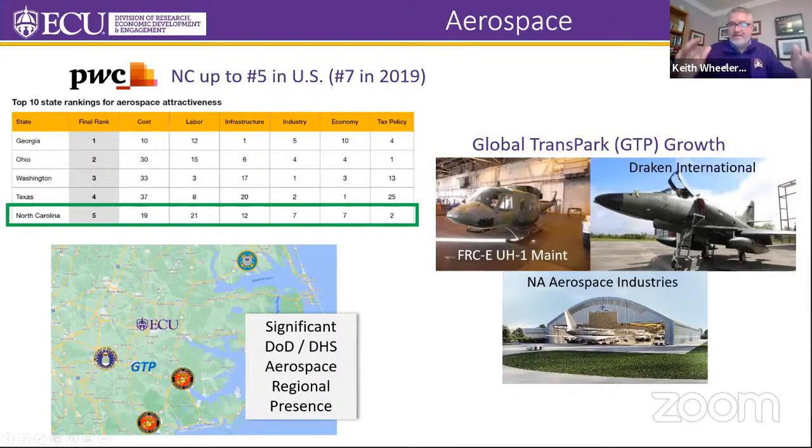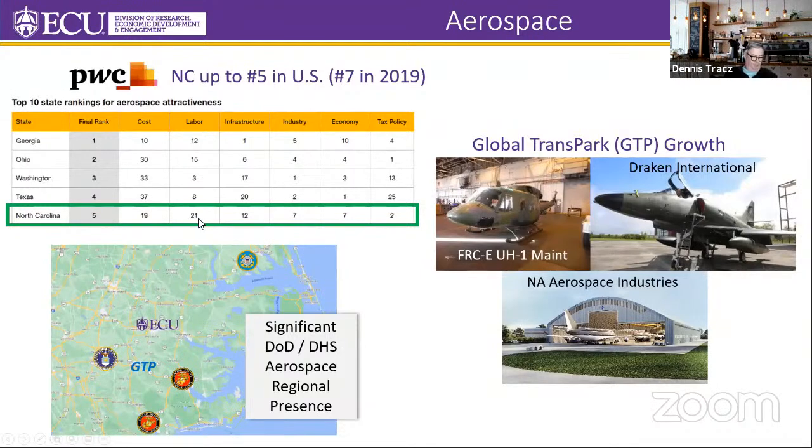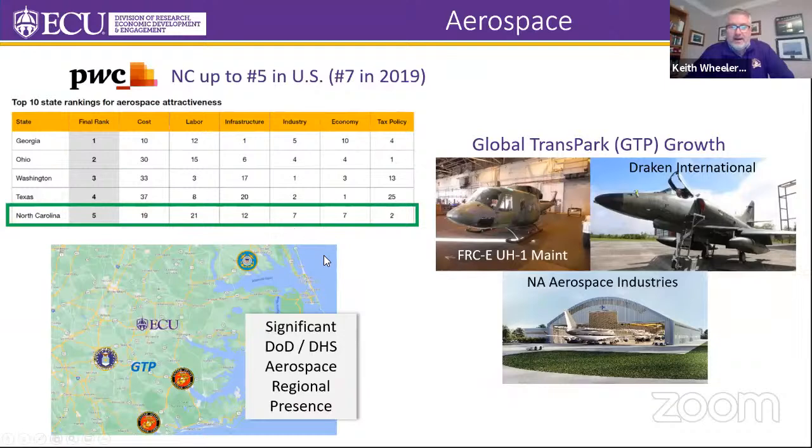So eventually, once we get going again with this consortium idea, we'll try to provide some attention to make some improvement on that. If we can make progress on 21, that could be a significant lift to get us up in the top 1, 2, or 3, I think, in the country in aerospace.